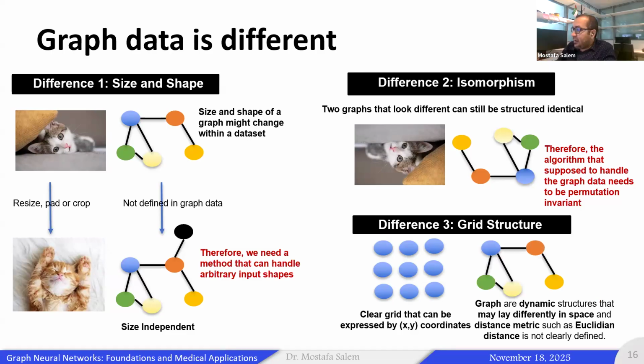Graphs are dynamic structures that may lay out differently in space, and distance metrics such as Euclidean distance are not clearly defined in the graph. So these are three differences between graph data and image data, and that's why we cannot apply MLP or CNN directly on the graph data.